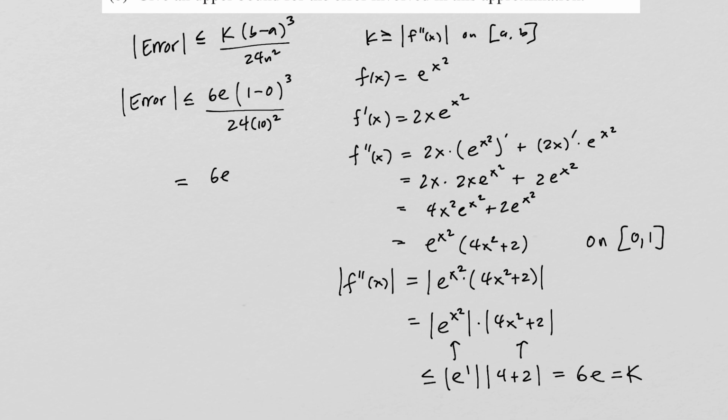Well, on top we have 6e, and in the bottom we have 24 times 100, which is 2400. And this is e divided by 400. And e divided by 400 is 0.0068. So we know that the value that we found earlier is no more than this far away from the actual value.